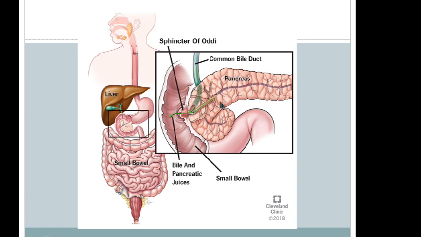In the fasting condition this sphincter is contracted, but when food enters the stomach or acidic chyme enters the duodenum, the sphincter of Oddi relaxes, and bile juice enters from the common bile duct into the first part of the small intestine. Okay.